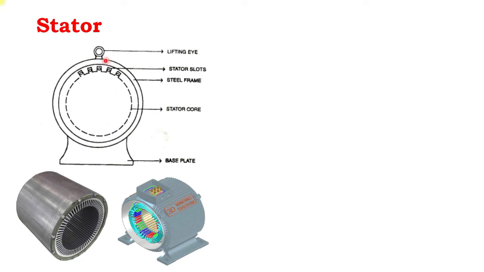But now we'll see that the outer part of the machine is called the stator frame or steel frame, and the inner part is called the stator core. Actually, the stator frame is made up of mild steel plates, and a number of plates are welded together to form a cylindrical structure like this.